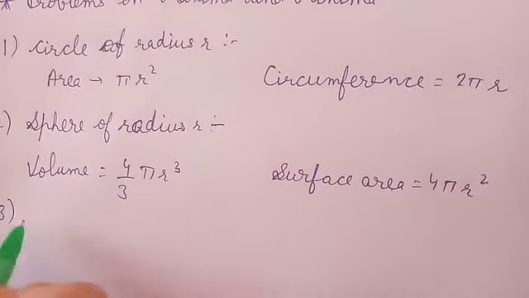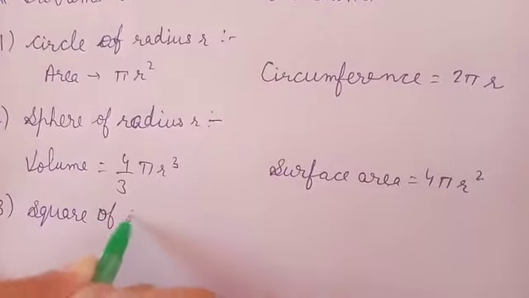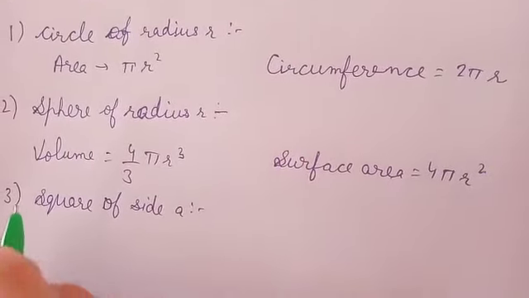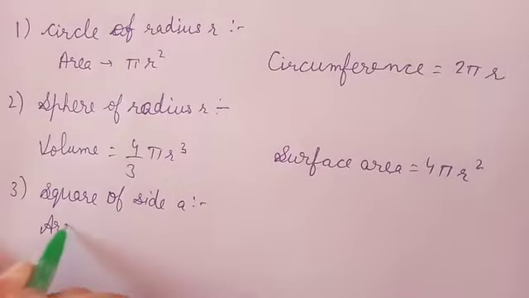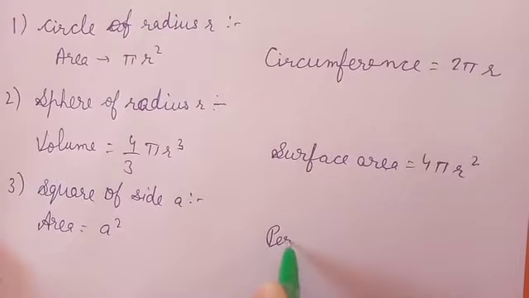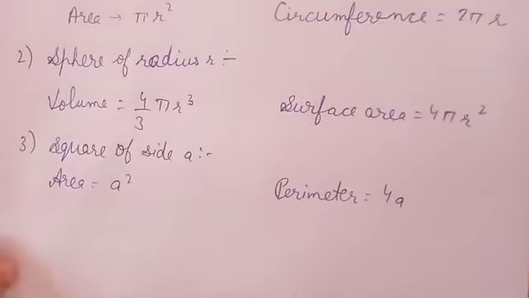Now third is square of side a. Of a square, we find area, which is a square, and perimeter, which is equal to 4a.